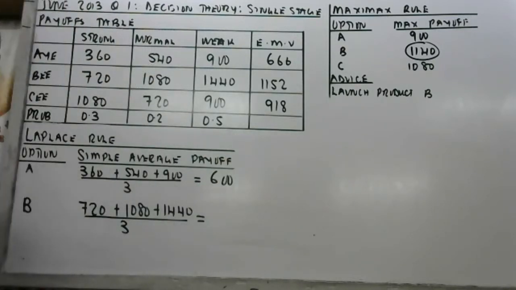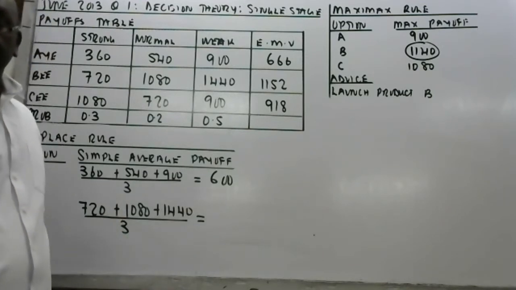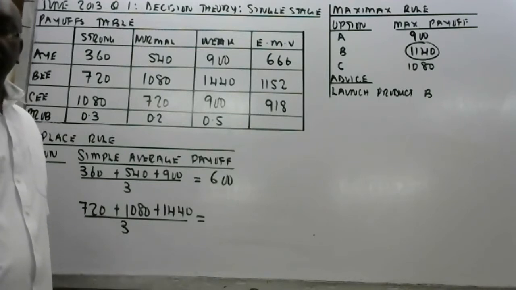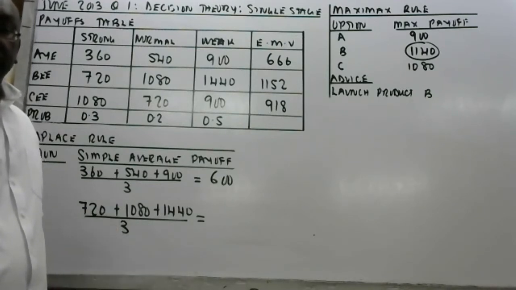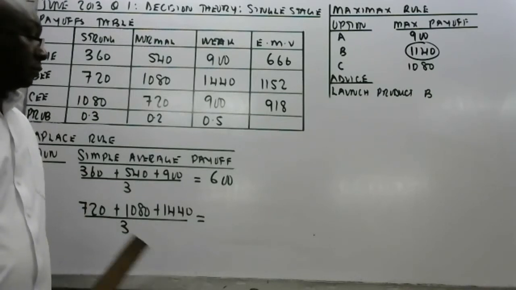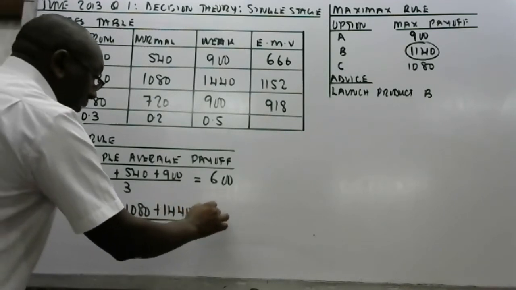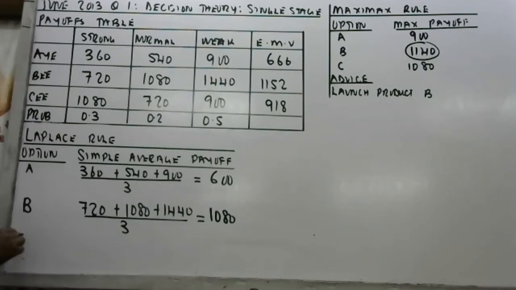Yeah, I can see one response. Yeah, good. 1080. Let us go to C and do the same thing.